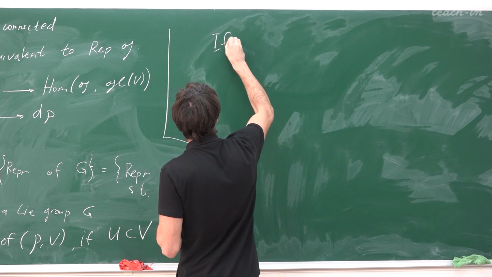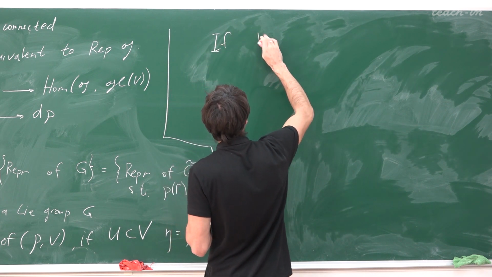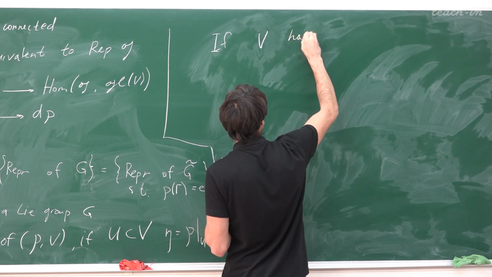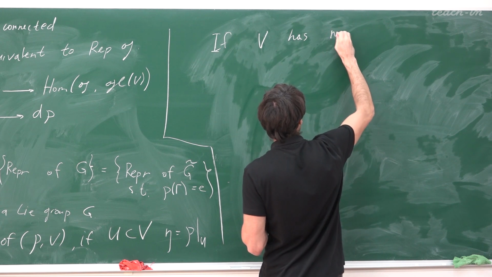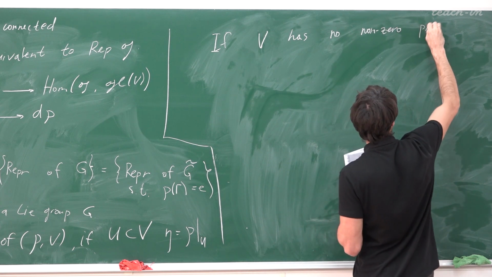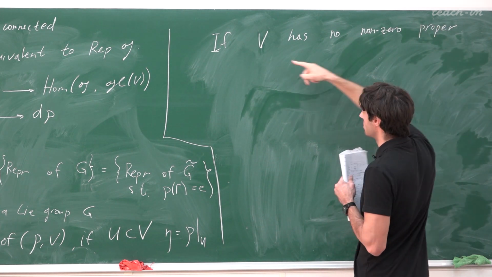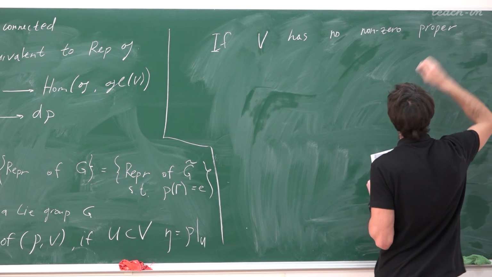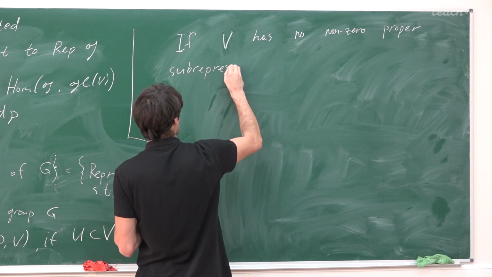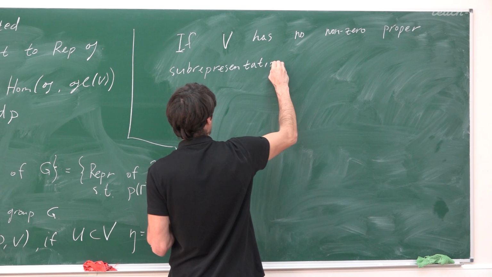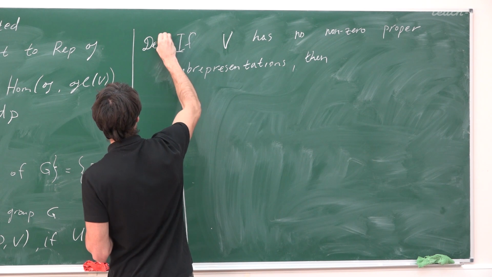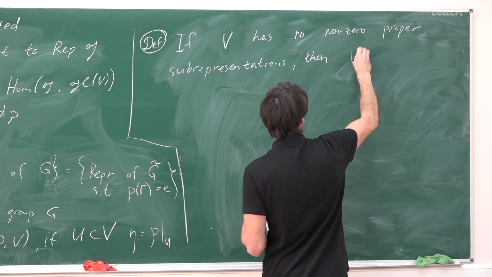If V has no non-zero proper subrepresentations, meaning ones that don't coincide with V, then, as another definition, V is called irreducible.